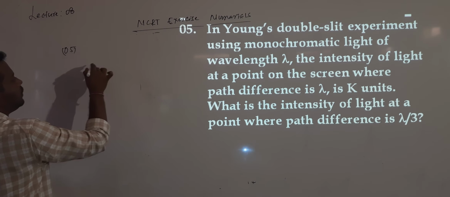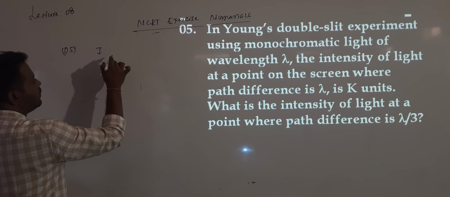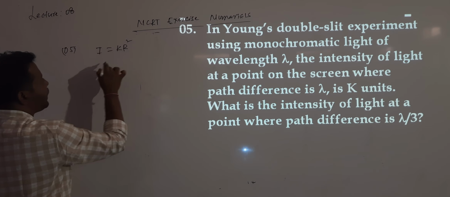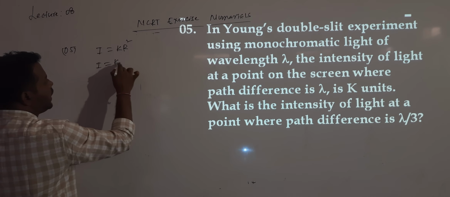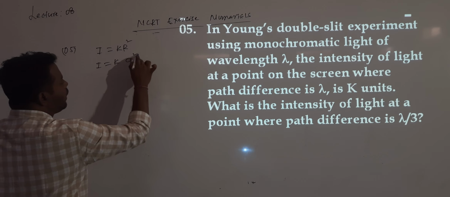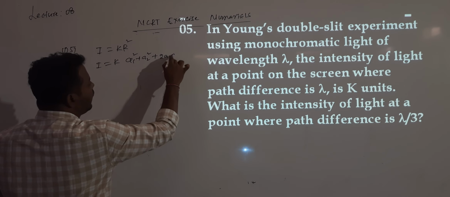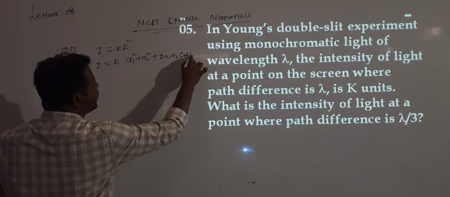Actually, what is the formula for intensity? Intensity is equal to k into r square, correct? So I is equal to k into r square, that is a1 square plus a2 square plus 2 into a1 into a2 into cos phi.